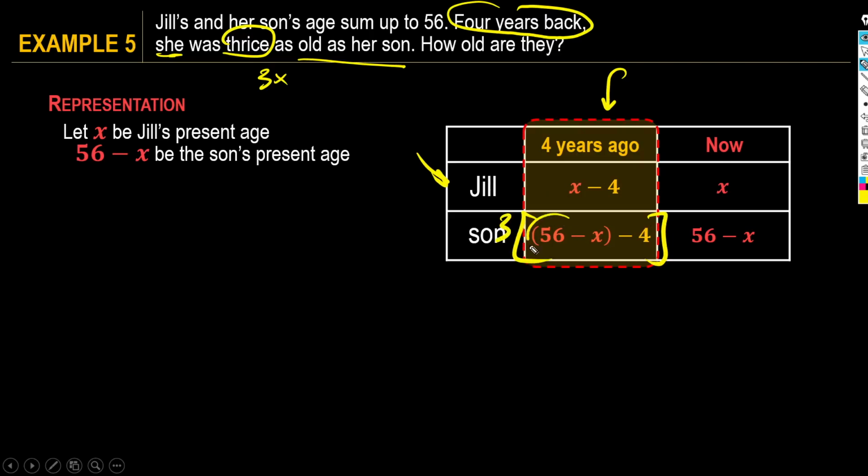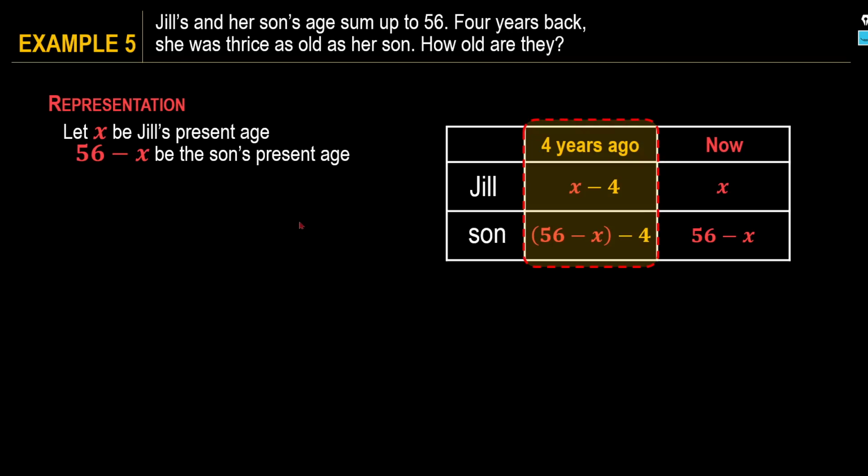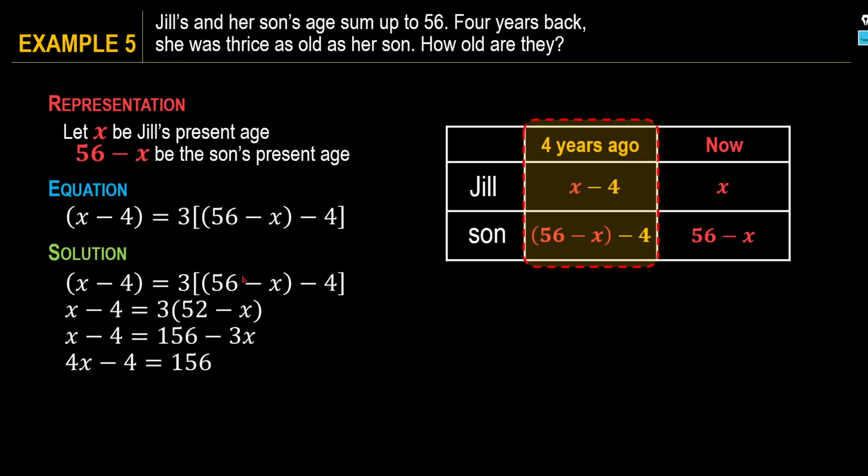So, if I multiply this by 3, I get this. That will be my equation. Jill's age 4 years ago is the same as thrice her son's age in that time period. Again, I'll leave the simplification to you. But you should get x equals 40.